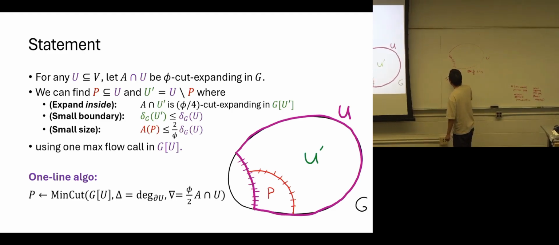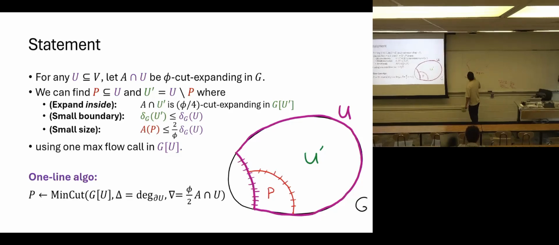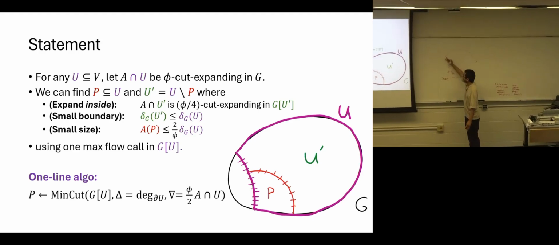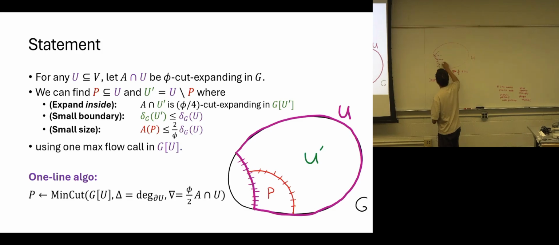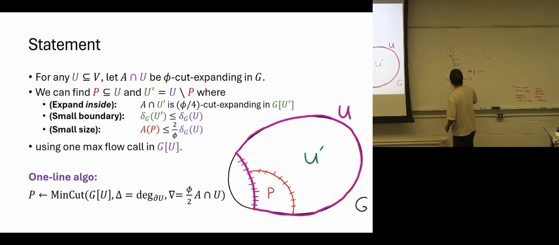Suppose that the min cut is empty. Suppose that you can send flow successfully, meaning that there exists a flow that saturates the source and respects the sink.